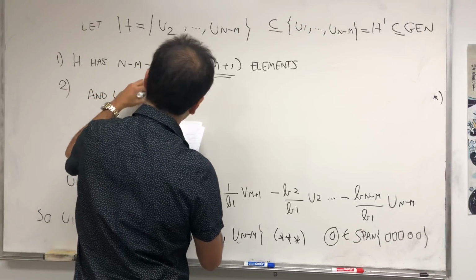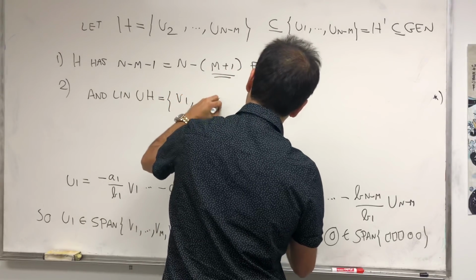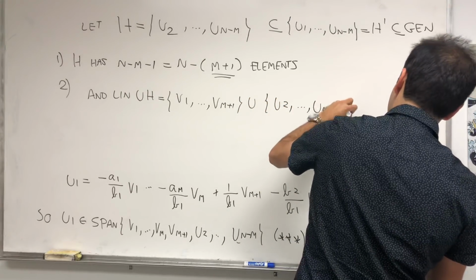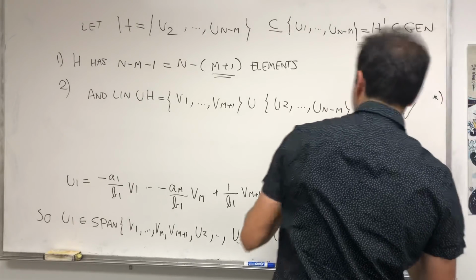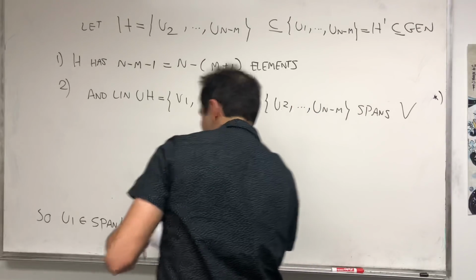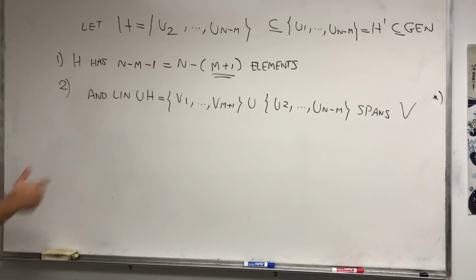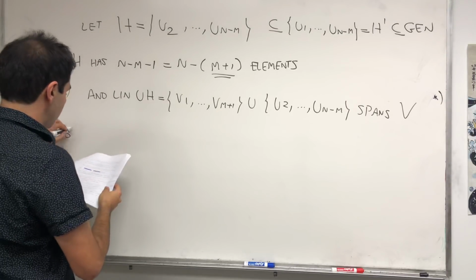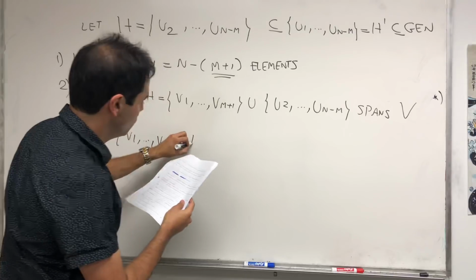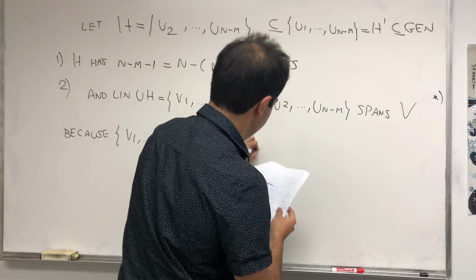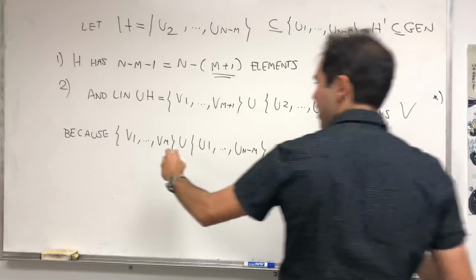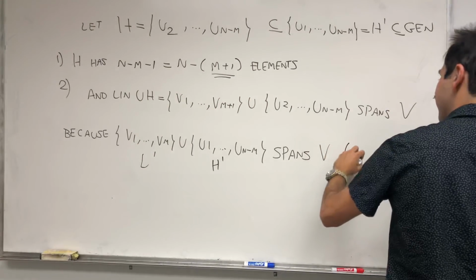So L union H, which is V1 up to V_{m+1} union U2 dot dot dot U_{n-m}, spans V. And this is because the other set spans V. Because the smaller set, V1 up to Vm union U1 up to U_{n-m}, spans V. That was L prime union H prime. So that's by star.